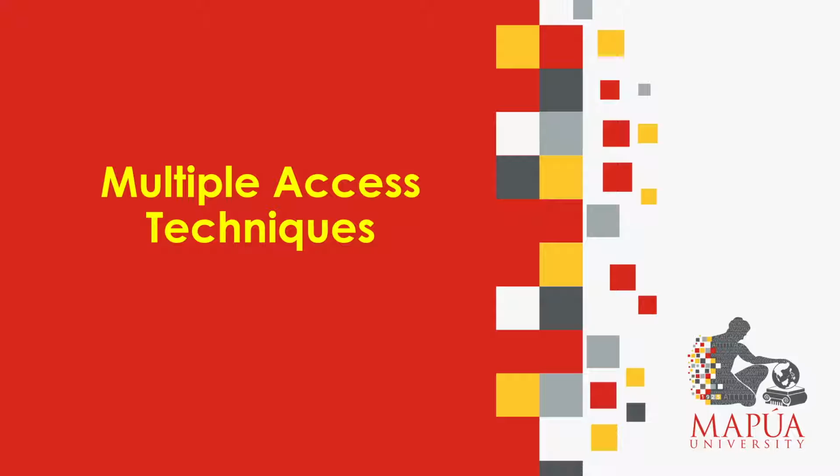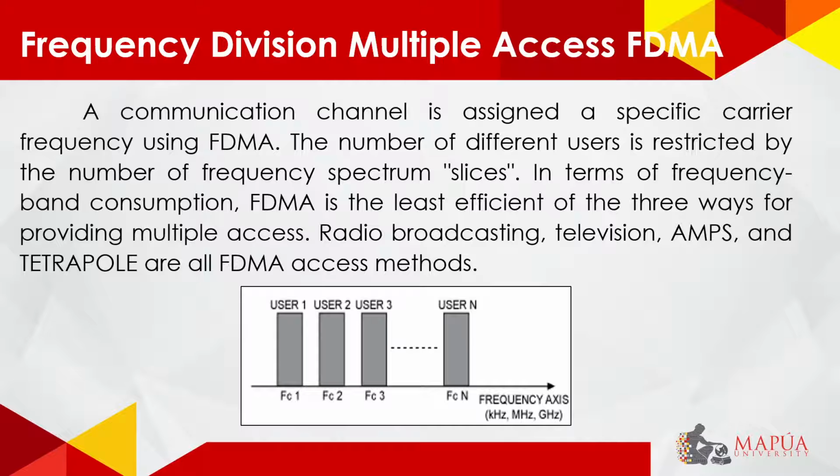So moving on, we have also multiple access techniques. First, we have frequency division multiple access or FDMA. This is a communication channel which is assigned a specific carrier frequency using FDMA.